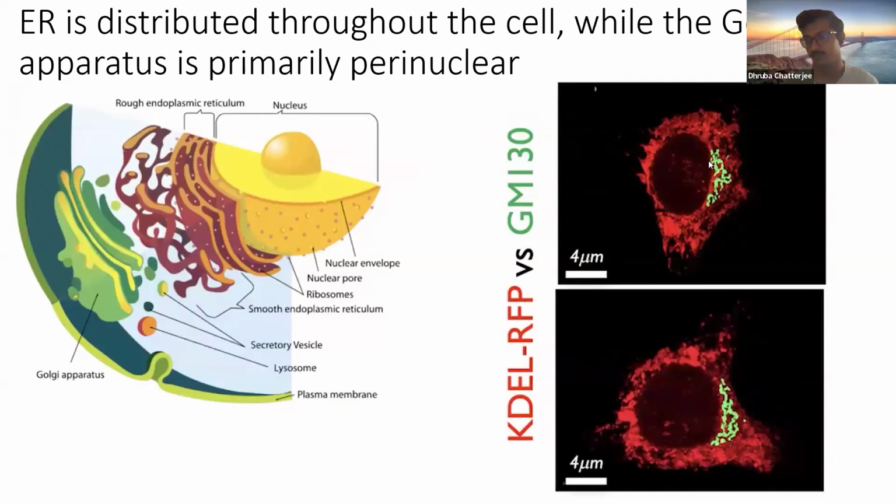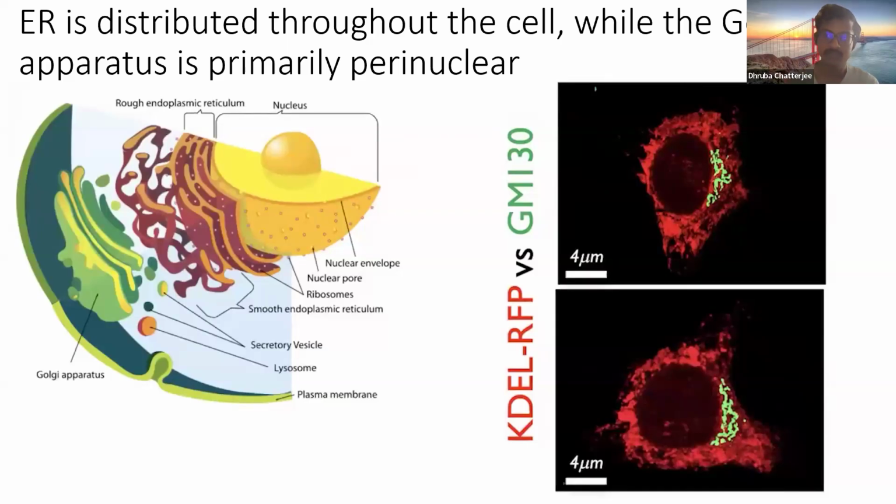These Golgi membrane-bound cisterna, which are stacked together, are present primarily in the perinuclear region of the cell. There is a density of the endoplasmic reticulum in the perinuclear region, but it is present all over the cell.